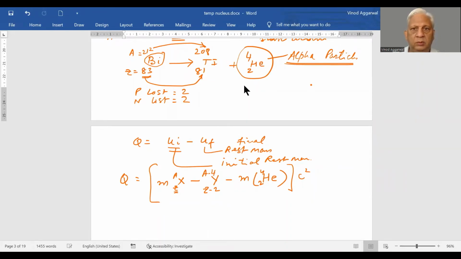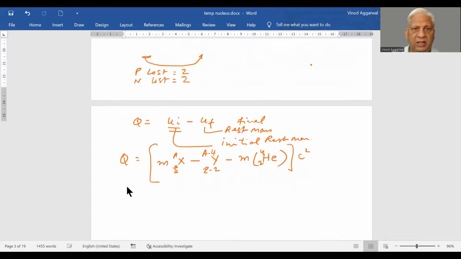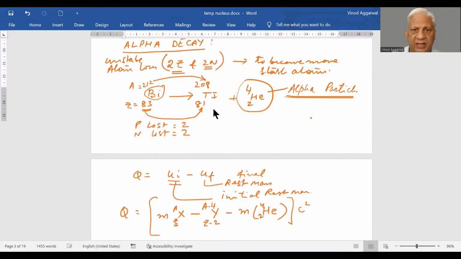So alpha particles are basically helium atoms. Now in this process, the alpha particles are released and the energy that is released is given by this equation. And the basic premise was, why did it happen?